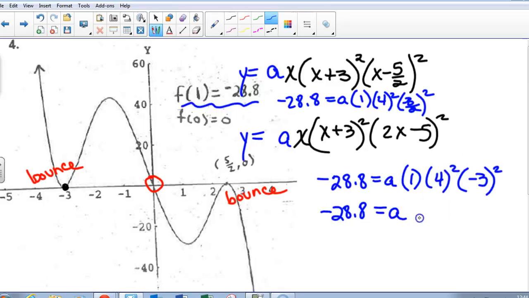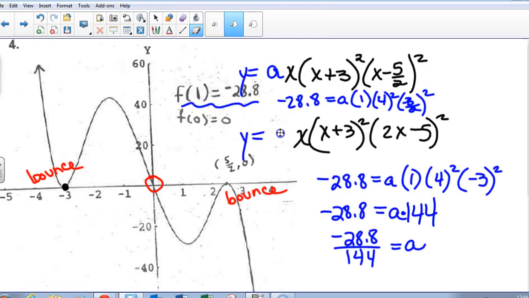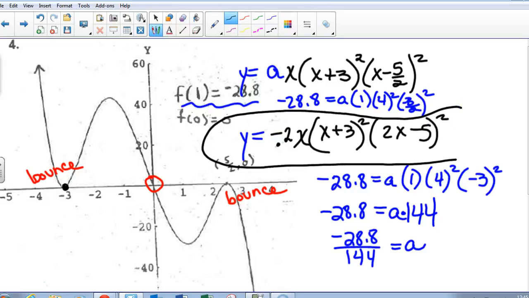What's 16 times 9? 144? Okay, now I need to know what -28.8 divided by 144 is. -0.2. So, an equation that works is -0.2 right there. Okay?